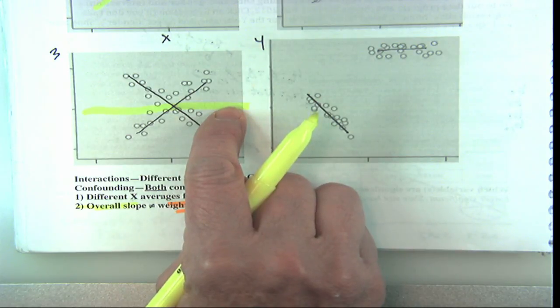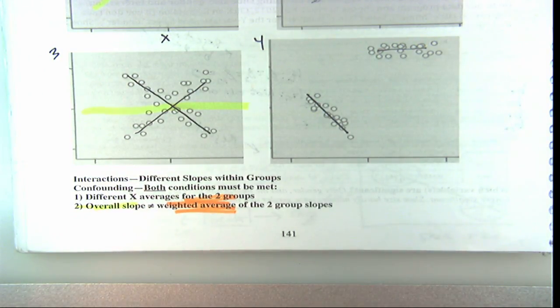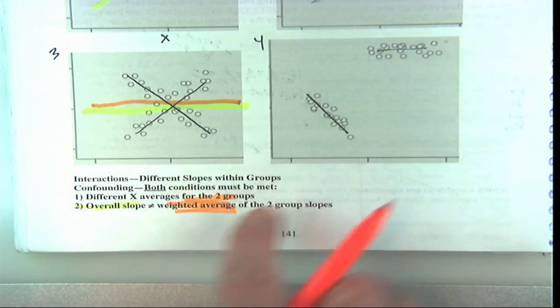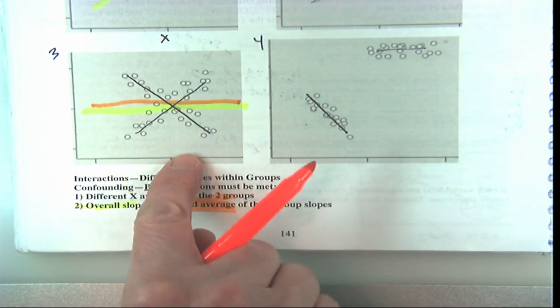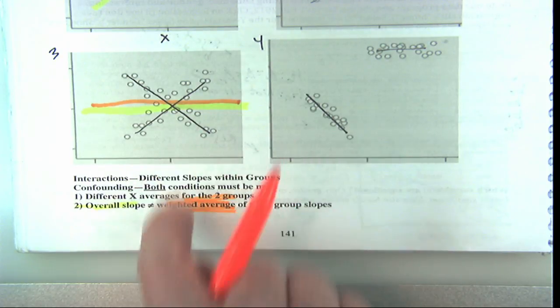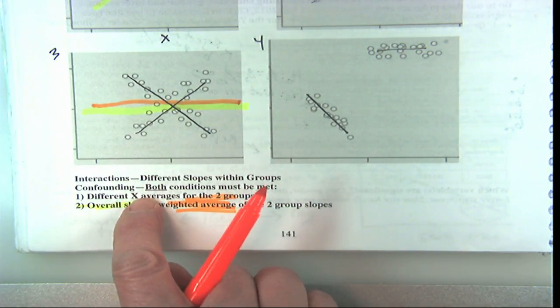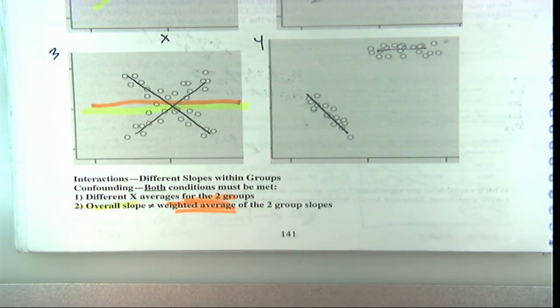Does that make sense? And that's exactly the same as the weighted average of the two groups. Does that make sense to you? Okay, so that fails both conditions, but whenever it has different x averages, it can't have confounding.